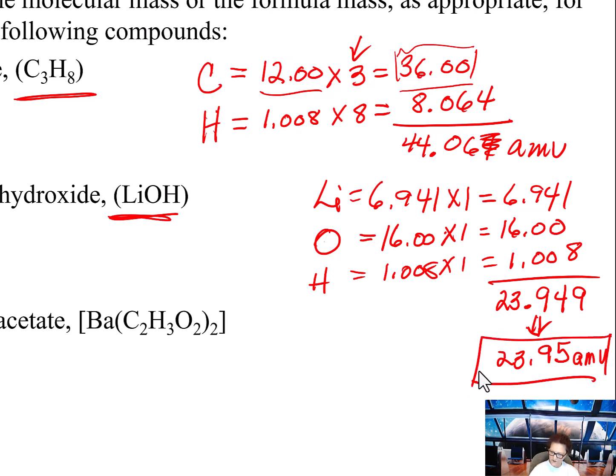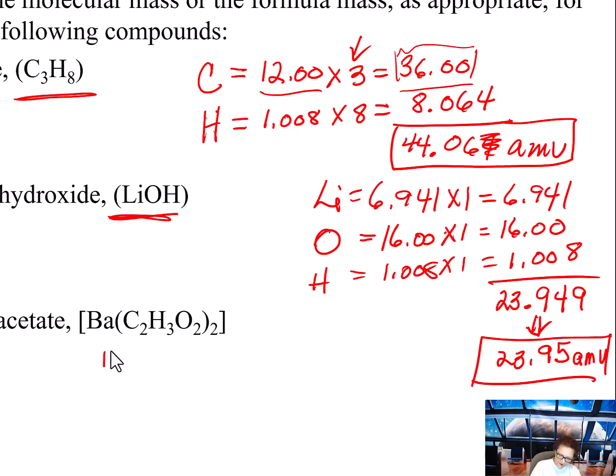I should be setting a good example and drawing boxes around these, but that's what you need to do for me when you're showing your work, so I know where you are. All right, so this last one, barium acetate, has some things in parentheses. And if you recall, if something's in parentheses, we're going to have to multiply everything that's inside the parentheses.